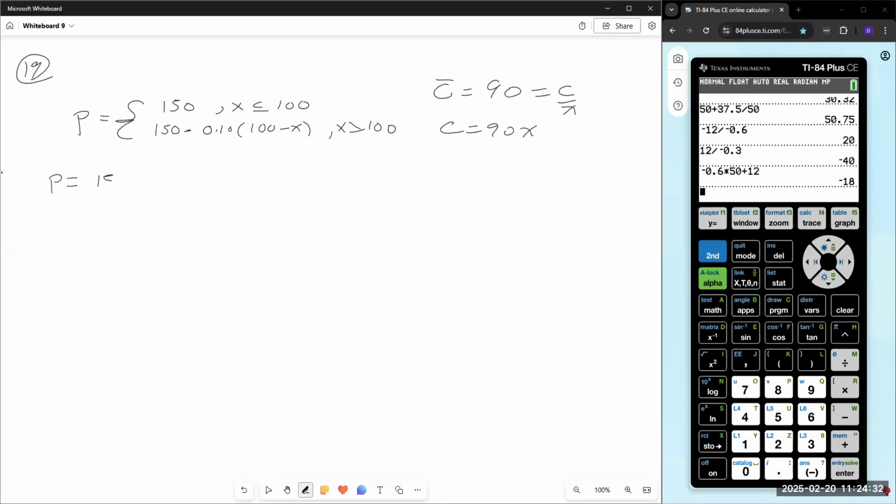P is equal to 150 minus, and then a tenth of 100 is 10, minus 1/10 X, just distributing that 0.10 in, and so this is 150 minus 10 plus 0.10x, which is 140 plus 0.10x.